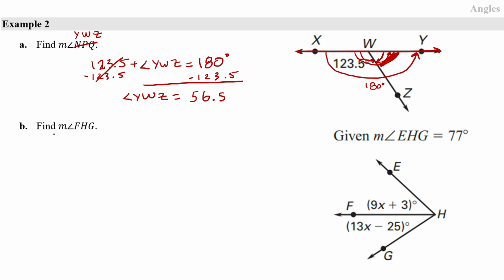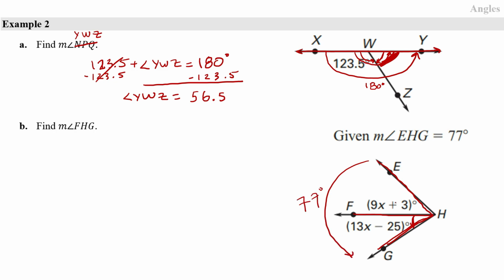For example B, find the measure of angle FHG. So let's go up here to the picture, and FHG, if I follow F to H to G, we're talking about the bottom angle here. And they give you a hint here. They're giving you that the measure of EHG, which is the whole angle, is going to be 77 degrees.